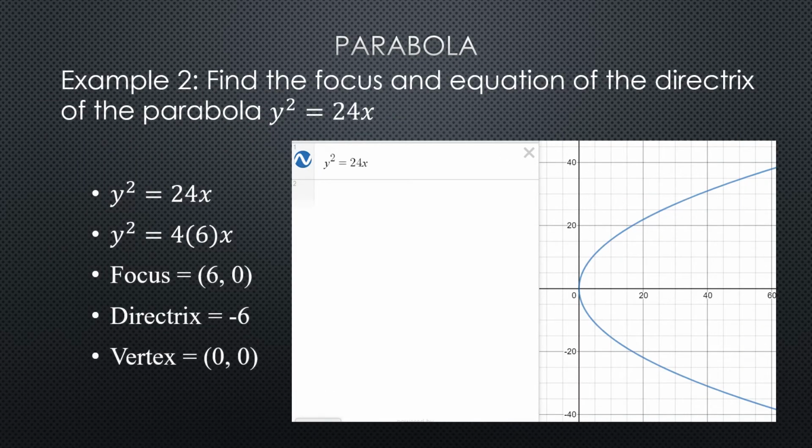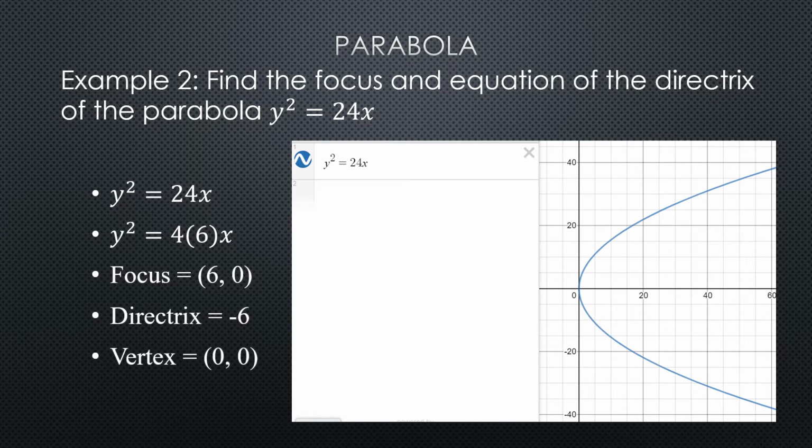All right, so example 2: find the focus and equation of the directrix of the parabola y squared equals 24x. So we've got y squared equals 24x. We're going to divide out the 4 to get it into our standard formula, and that gives us y squared equals 4px.